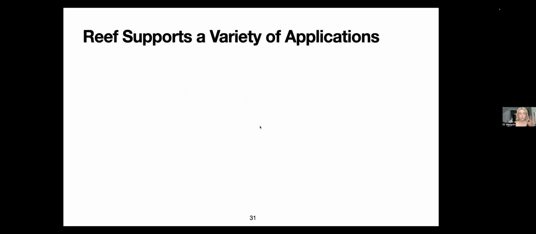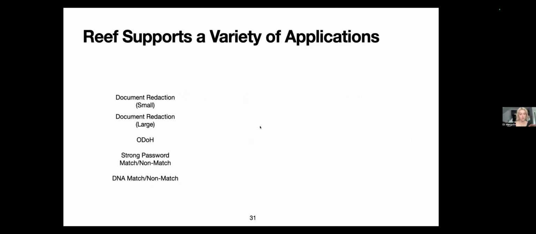So we evaluate Reef against 4 applications: proving things about large and small redacted documents for Freedom of Information Act requests, oblivious DNS over HTTPS block listing, proving strong password matching and non-matching, and proving matching and non-matching for specific genetic mutations.